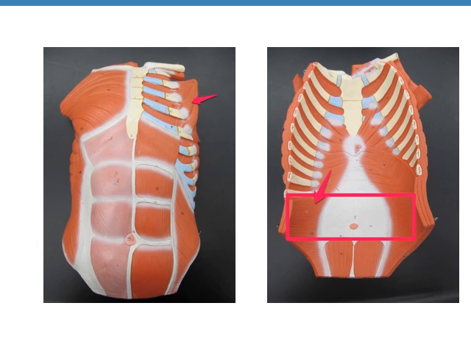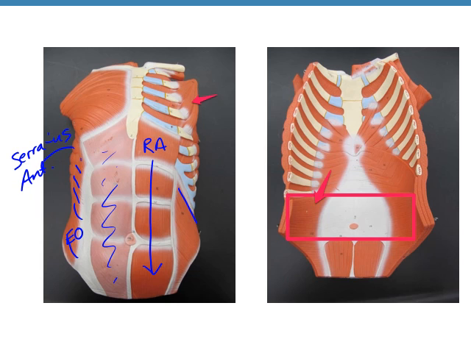Again, we have to look at the models. So these are the external obliques. Notice how they go all the way up and they meet the serratus anterior. We have this thin layer of connective tissue. Underneath, we have the rectus abdominis. On the inside, we have the internal obliques.